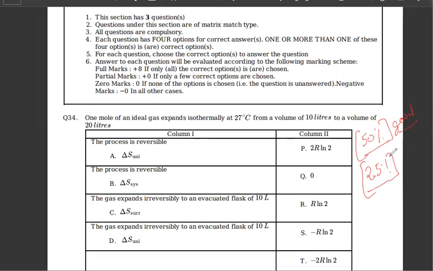Okay, right? So considering the matrix match one, it is of suppose 220 marks. 72. Okay. That's what I'm saying, right?